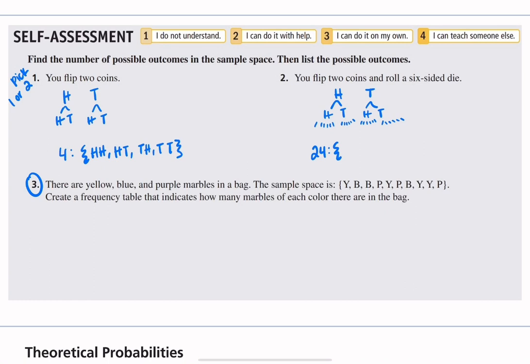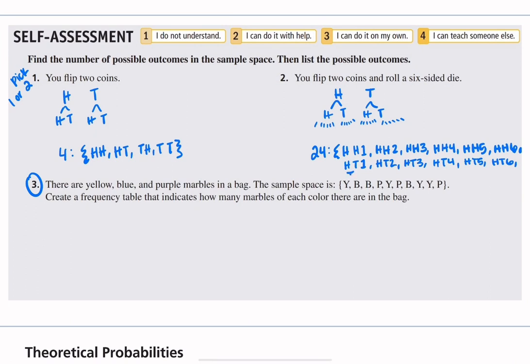And those are heads, heads, 1; heads, heads, 2; heads, heads, 3; heads, heads, 4; heads, heads, 5; heads, heads, 6. And then the next one, heads, tails, 1; heads, tails, 2; heads, tails, 3, all the way through heads, tails, 6.